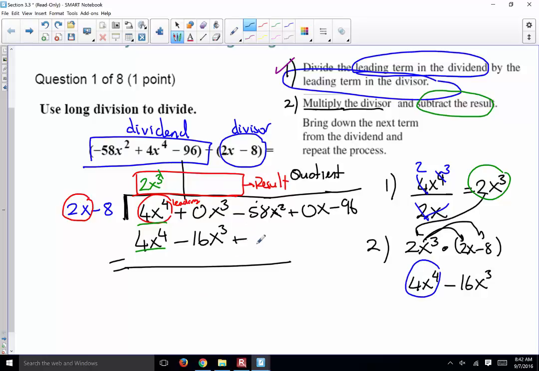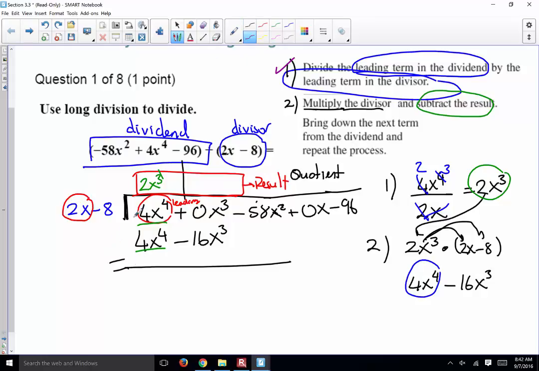And I don't have to write these, but it's 0x squared, 0x and 0. This is time consuming. I'm not gonna write these. If this second, you don't have to do the skipping powers in the second row here. It just makes sense. 0, 0, 0. Okay. Now, what do we do next?